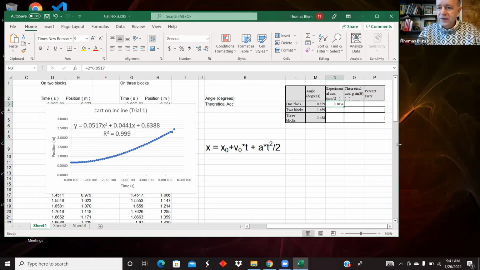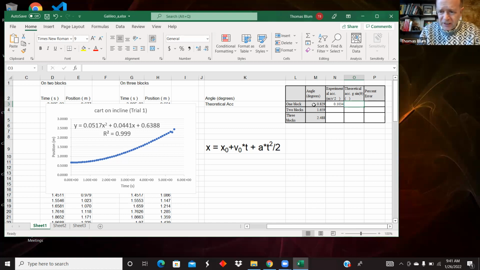Okay, what else do we want to do here? Then we want to do the theoretical. So the angle here is 0.289 degrees, and the theory says that the acceleration is the acceleration due to gravity, g, 9.8, times the sine of the angle.